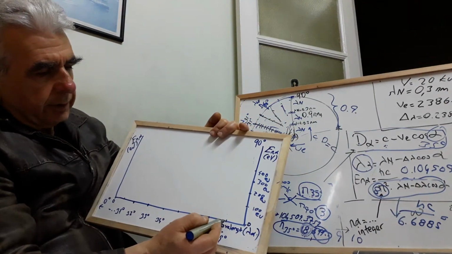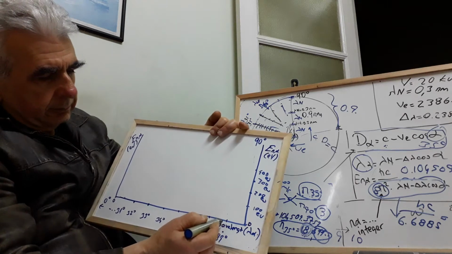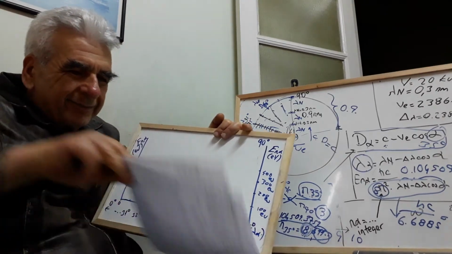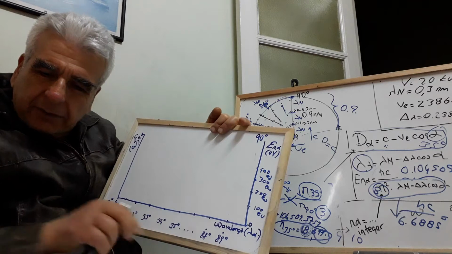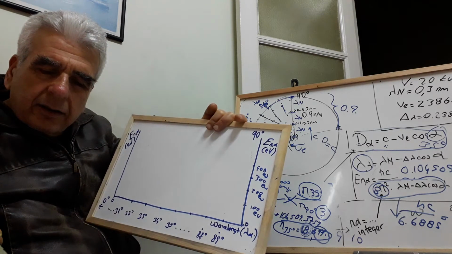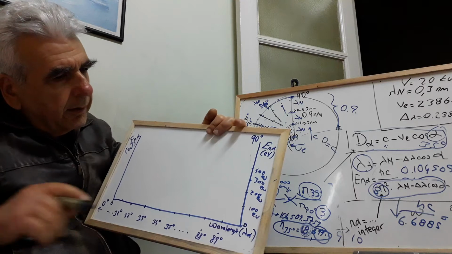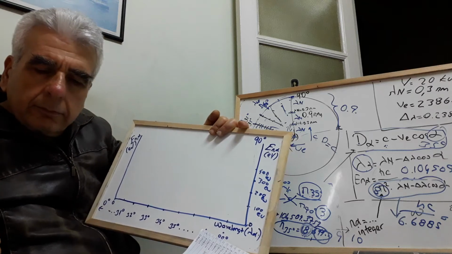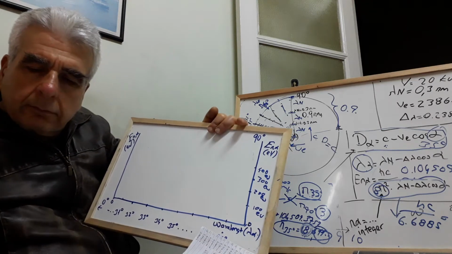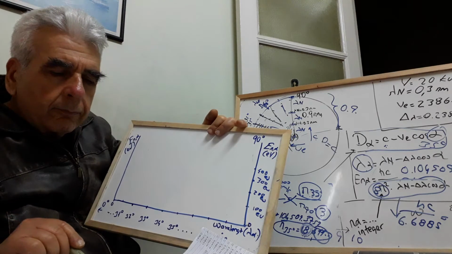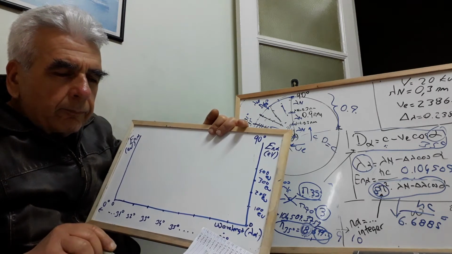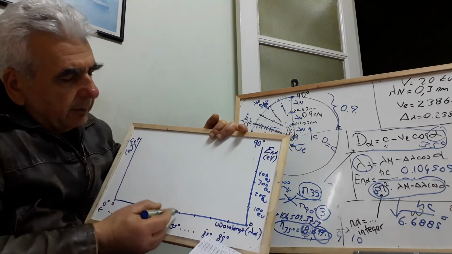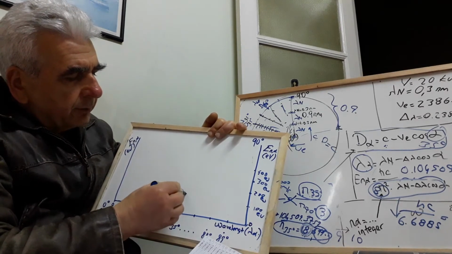Okay, we find the wavelength here, at 35 degrees. Here, say, this is the point, okay.